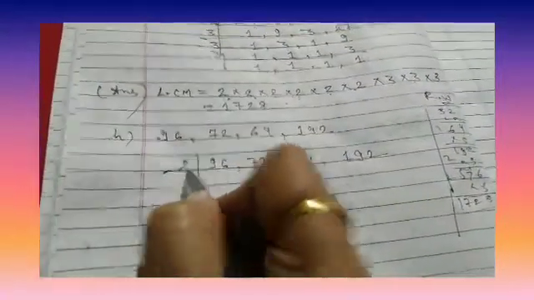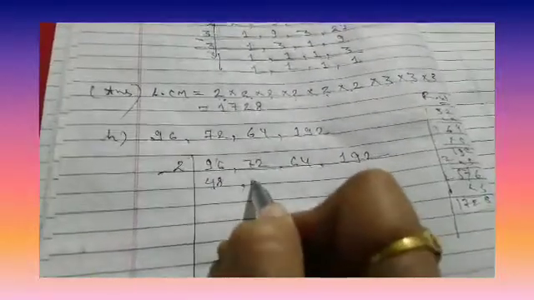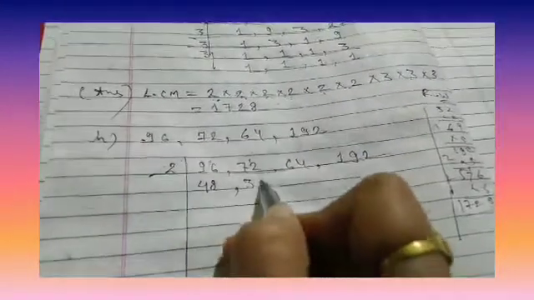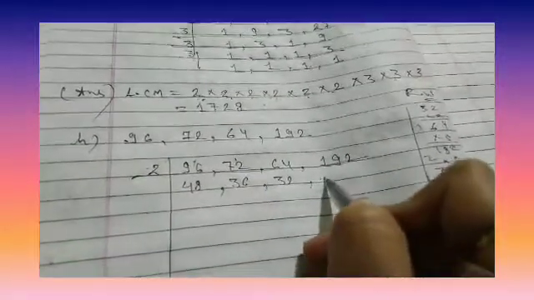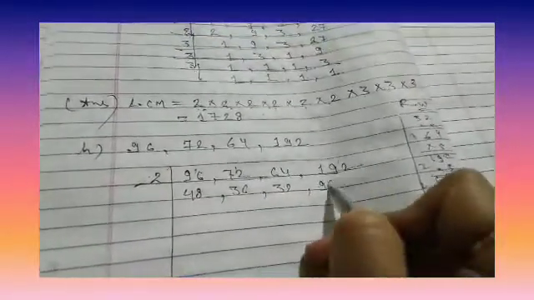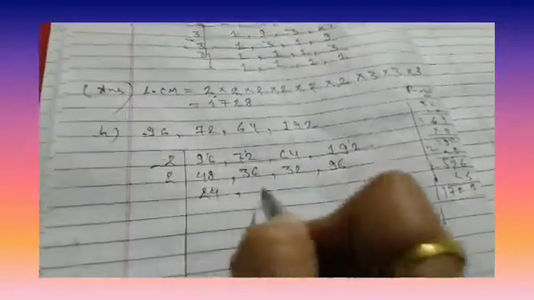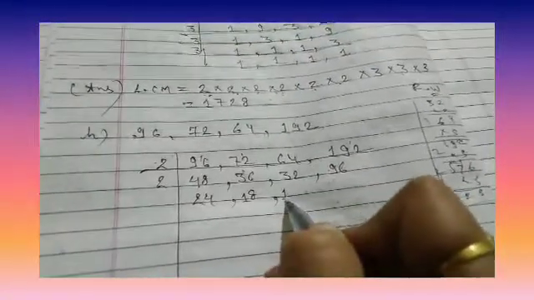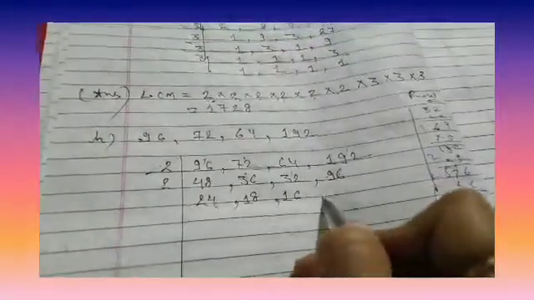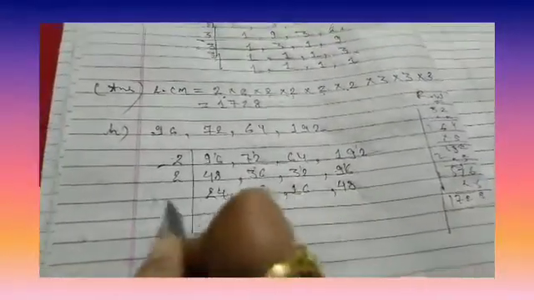So it will go by 2. 2 4s are 8, 1 left, 2 8s are 16, 2 3s are 6, 1 left, 2 6s are 12, 2 3s are 6, 2 2s are 4, 2 9s are 18, 1 left, 2 6s are 12. Now again with 2, 2 2s are 4, 2 4s are 8, 2 1s are 2, 2 8s are 16, 2 1s are 2, 2 6s are 12, 2 4s are 8, 1 left, 2 8s are 16.